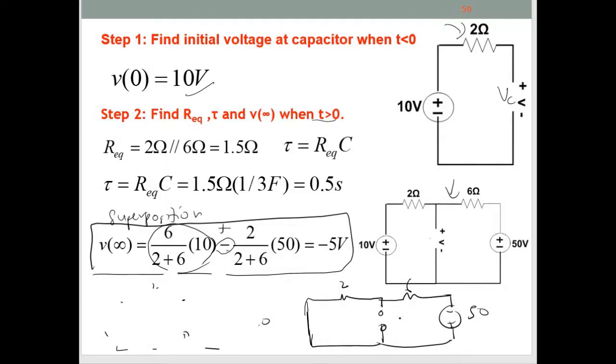That's why 2 plus 6, negative 50. The difference between our solution and this solution is plus here and negative 50 here, but it will produce the same number, which is still negative.